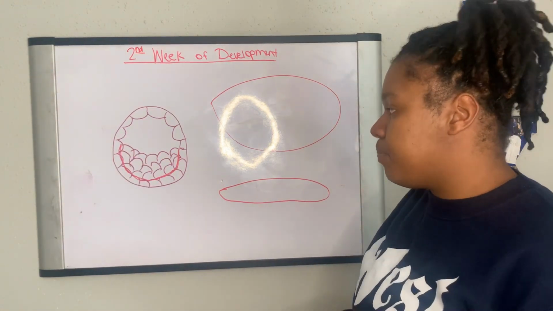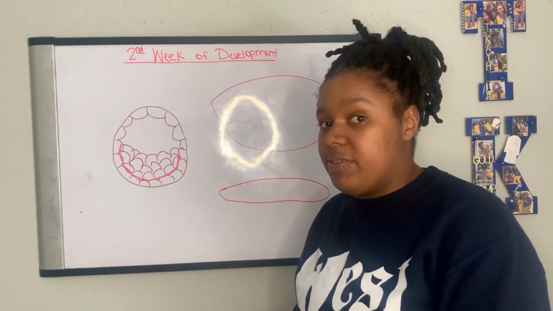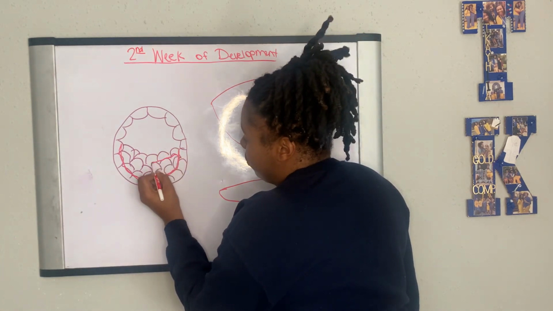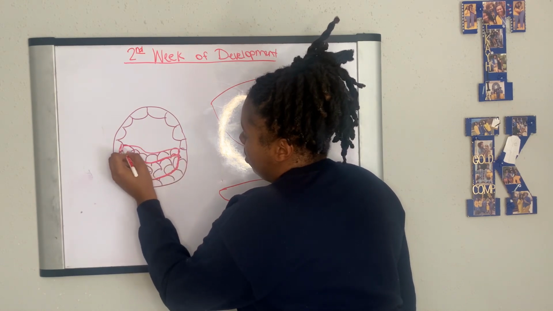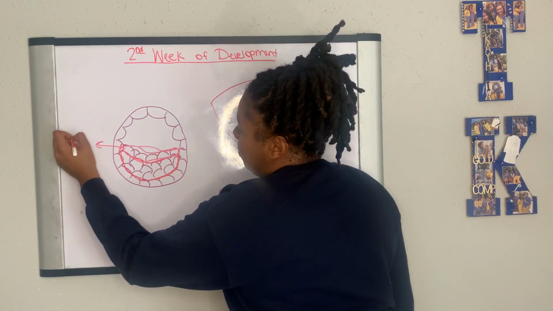So, your inner mass, though, is going to start to divide into two different types of cells. First, these are going to become epiblast cells.